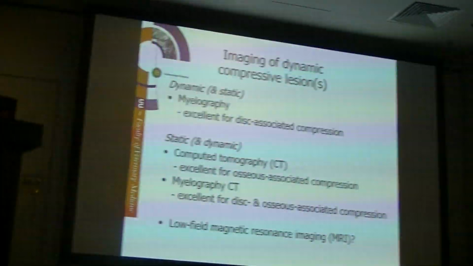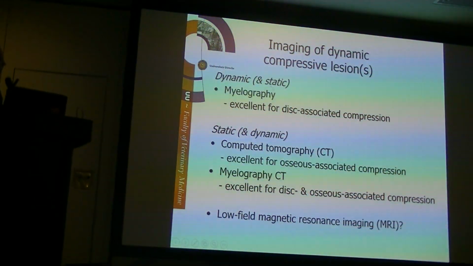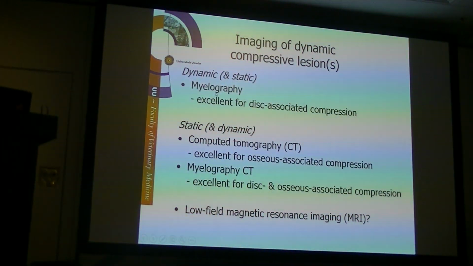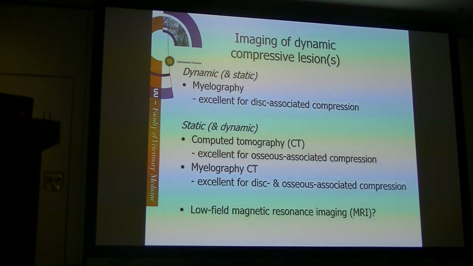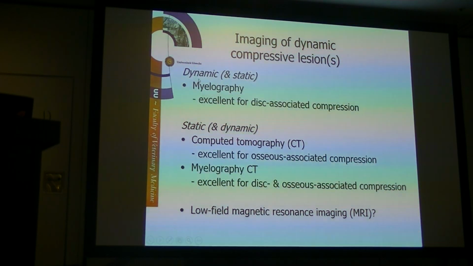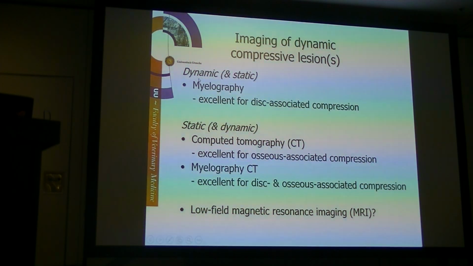A myelogram is a contrast study, a radiographic study, where we inject a contrast agent in the subarachnoid space. And it's excellent for diagnosing disc-associated compression. It also easily allows dynamic images. So you make one image in extension, one in flexion, so you can introduce the dynamics in your study.